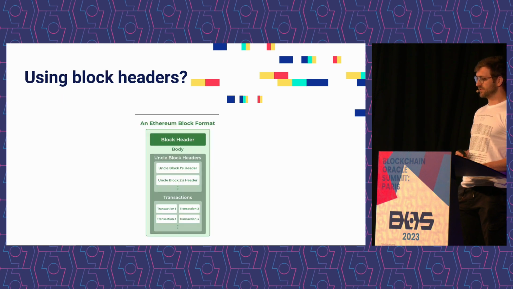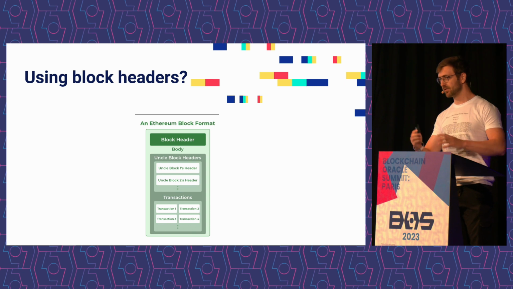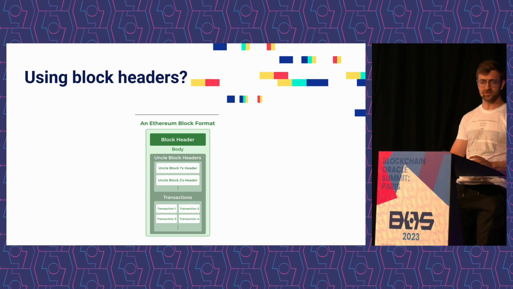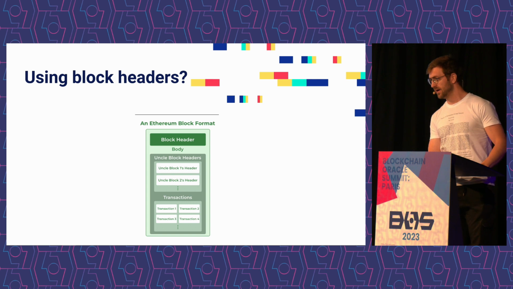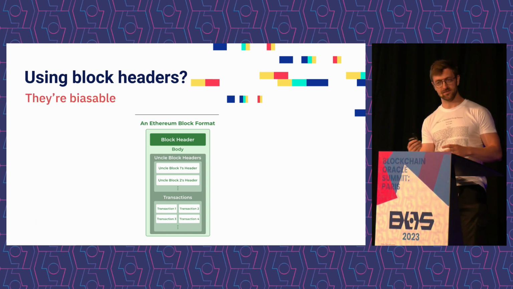Looking back to the early days of blockchain, when we didn't have lots of fancy oracles and other tech, a lot of people used block headers as a random value. For low-value use cases, maybe some item in a game, for example, that might be good enough. But the issue with block headers is, of course, that they're biasable.